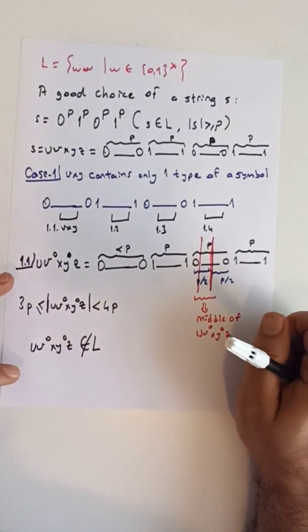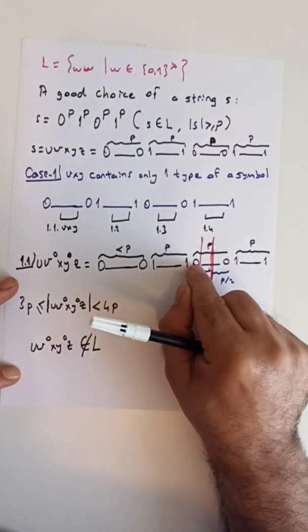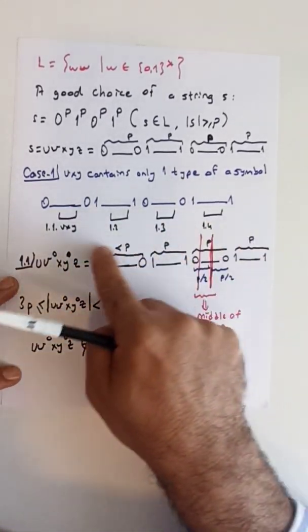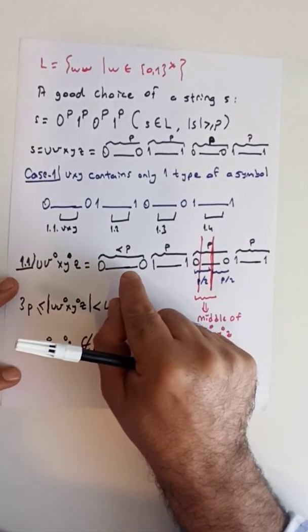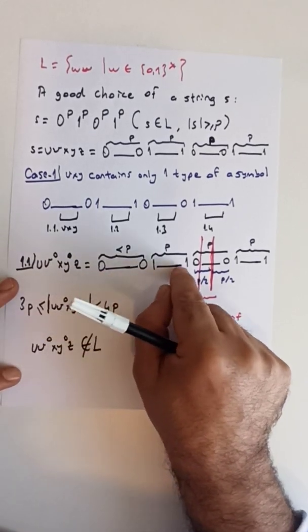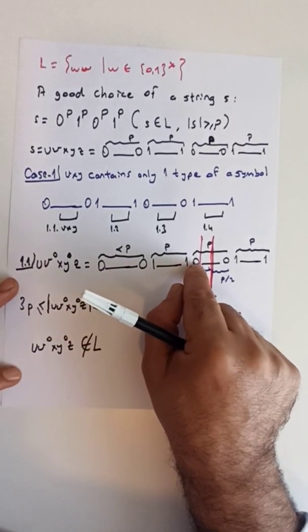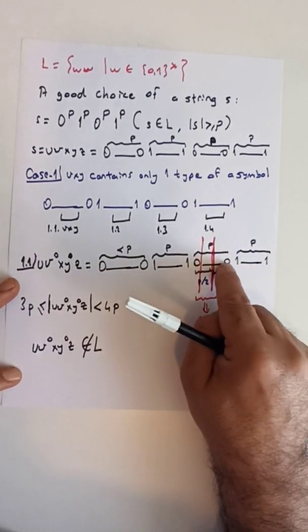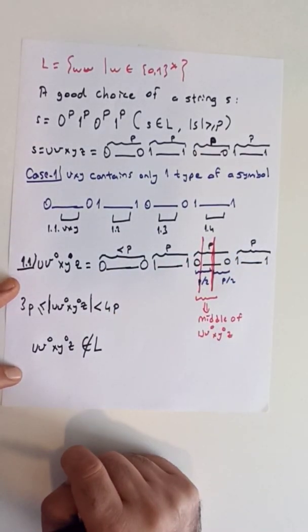Why? Because the left half of the whole new string will be zeros followed by ones followed by some number of zeros, whereas the right half will be only zeros followed by ones.